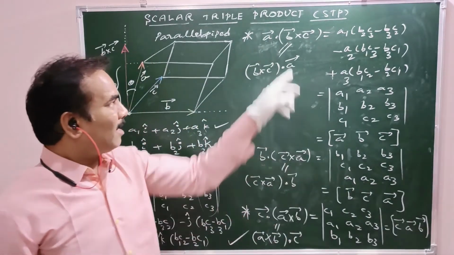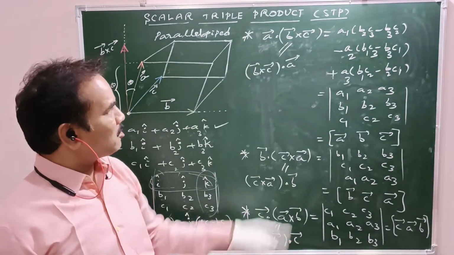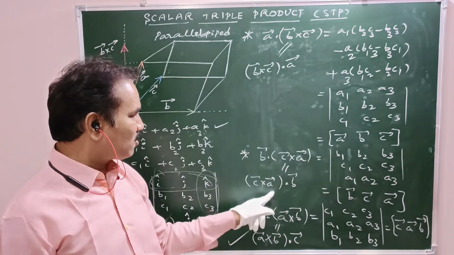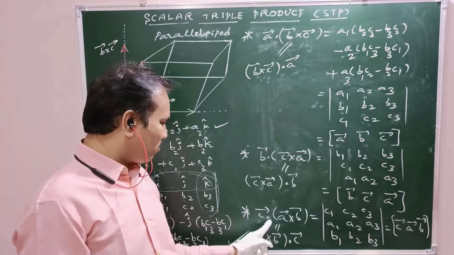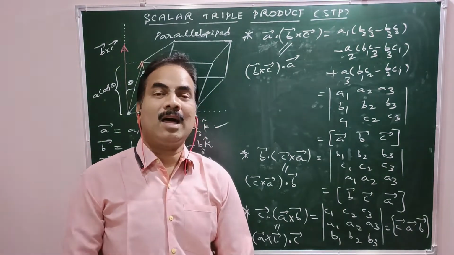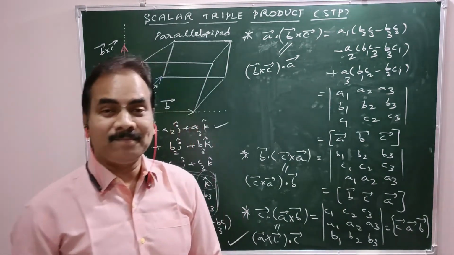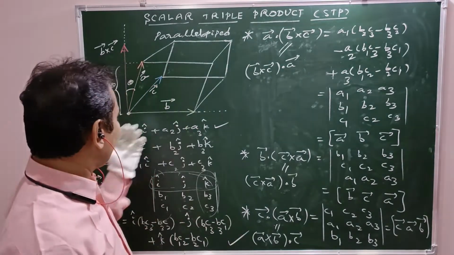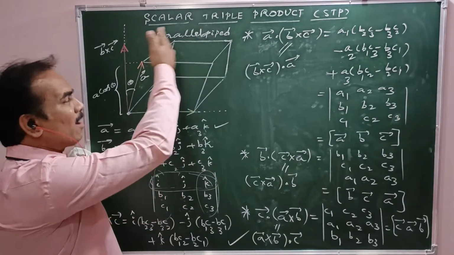Of course, all these expressions, either this one or this one or this one, are representing one thing. What is that thing? Nothing but the volume of the parallelepiped.